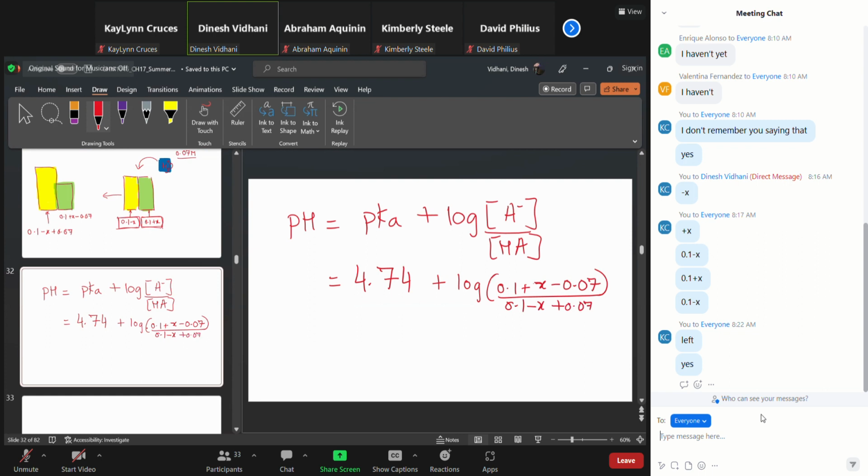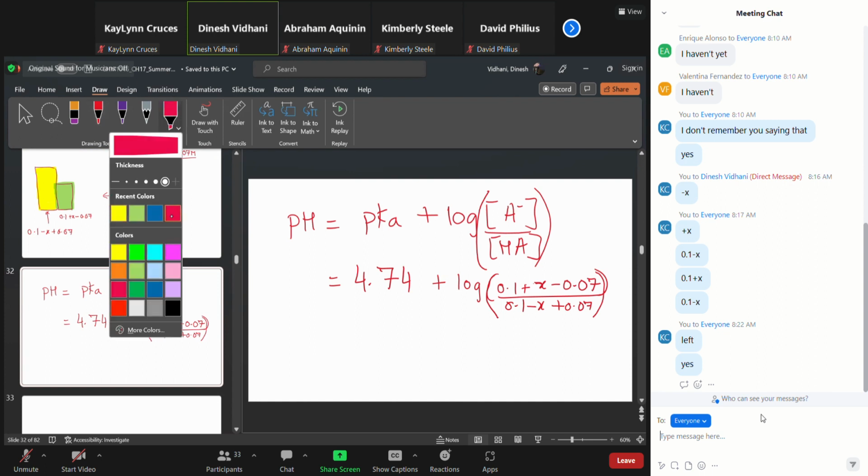Now, guys, keep in mind, this is the whole log. It's not that you have taken the log on the top and then you are trying to divide the bottom by HA. This is the whole log, just to make things clear. Now here, we are going to take an assumption. What would that assumption be? The amount of X is too small compared to 0.1 and 0.07, so we are going to ignore it.